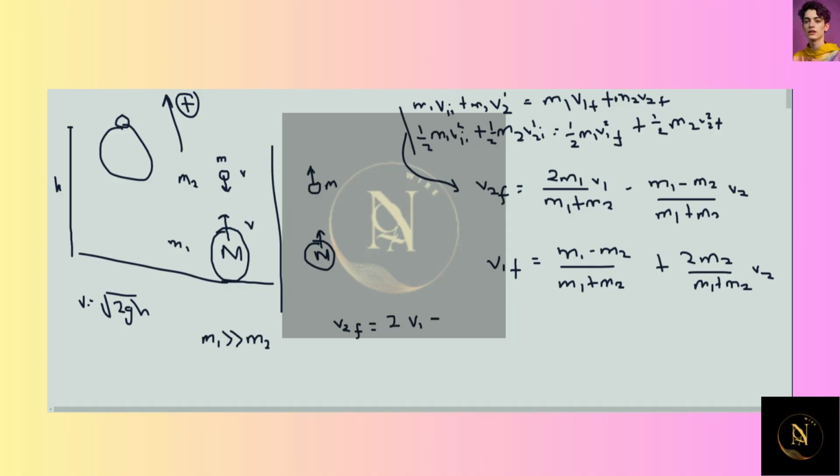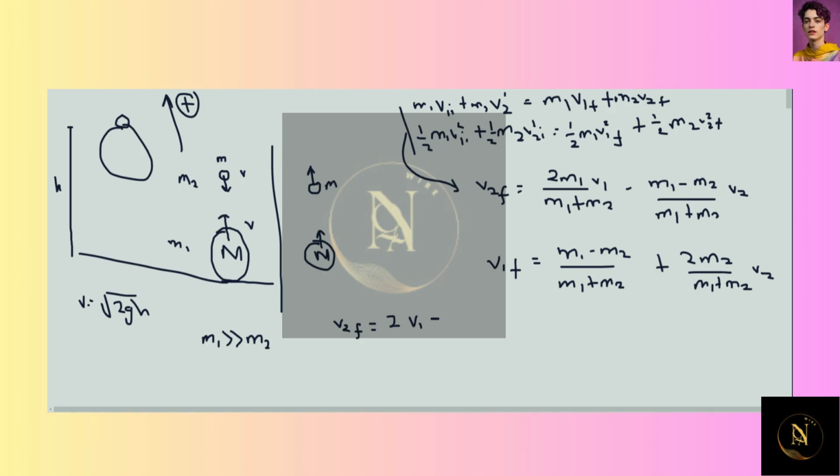And then this would be minus, and since m2 is very small compared to m1, this is just m1. So this would be minus v2. But v2 is v2 initial.